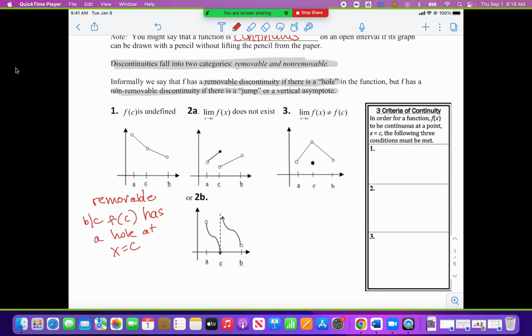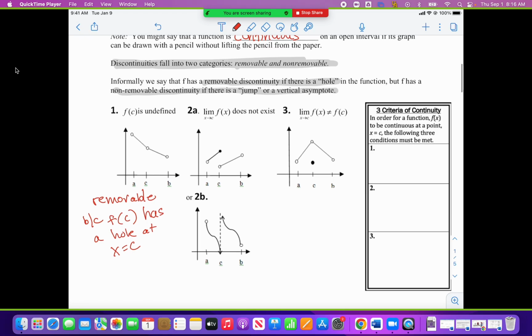So anytime a function has a hole, that is a discontinuity, and you can fine-tune the type of discontinuity: it's removable. All right, 2a and 2b, I want you to identify the type of discontinuity it has.